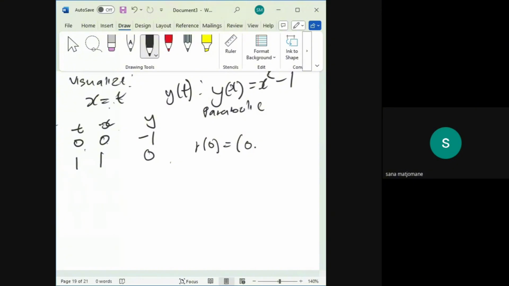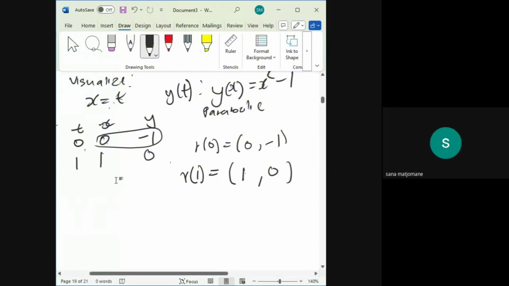When my t is equal to 0, it's (0, -1) according to this. Can you see that? Then where my t is 1, my position vector function becomes what? My x becomes 1 and y becomes 0. Can you see that, guys? Can you see that before I sketch?